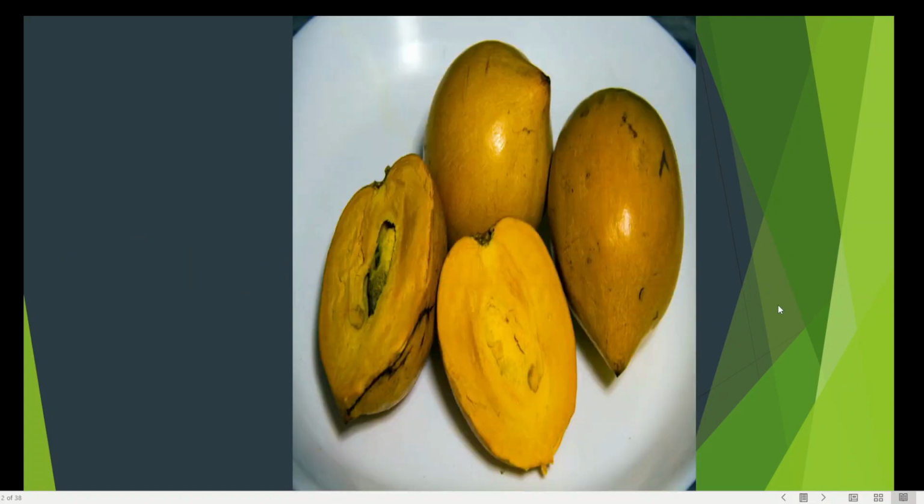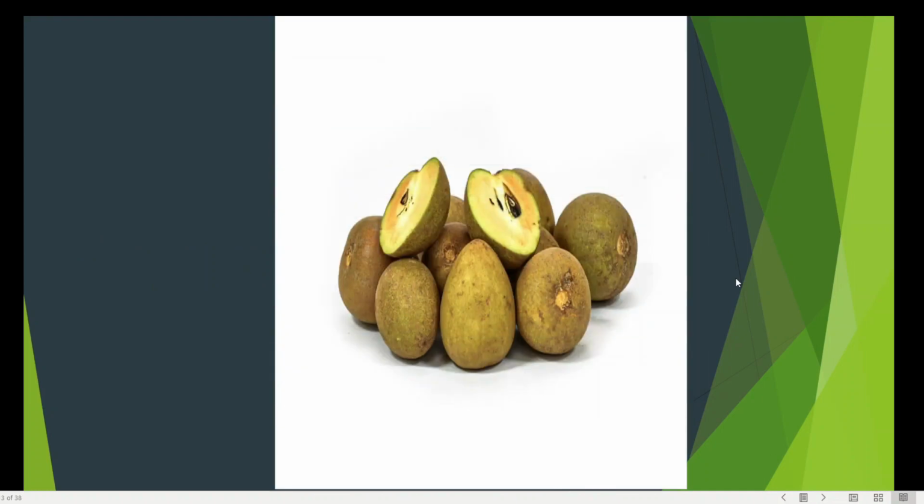How about this one? What kind of fruit is this? Alright, so this is chesa. And what kind of fruit is this? So this is a chico.